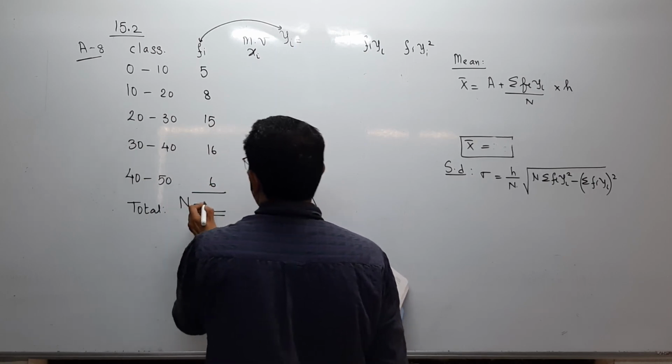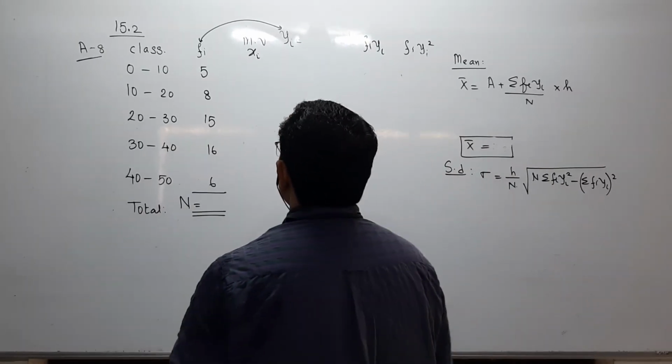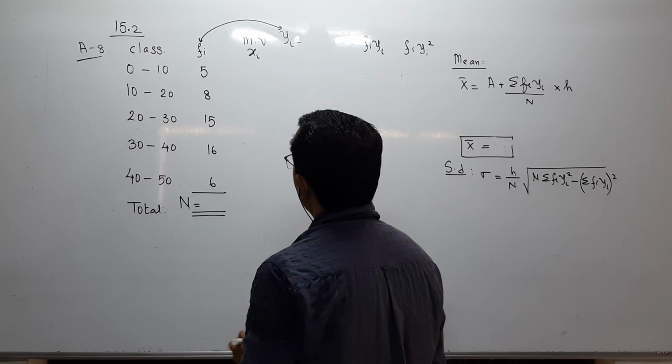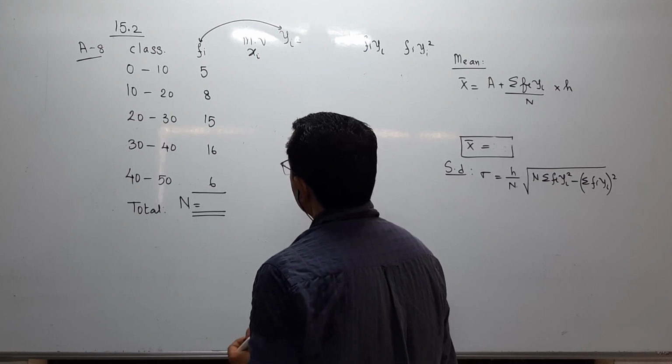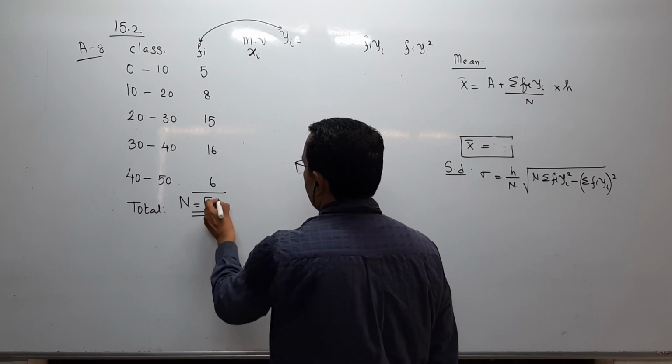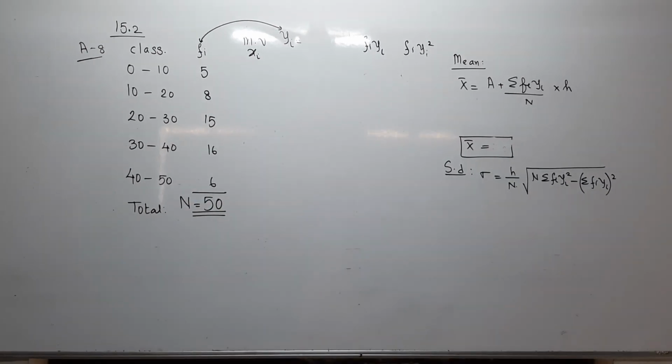If I total the frequencies, then 13 plus 15, 28 plus 16, 44 and 6, 50. Okay. So the total of frequencies is 50. Fair enough. Let us find all the mid values.